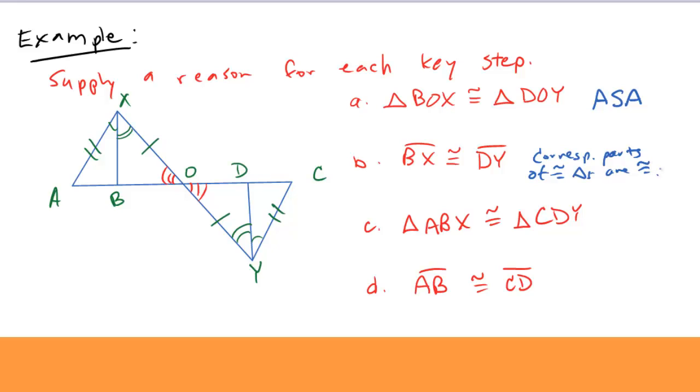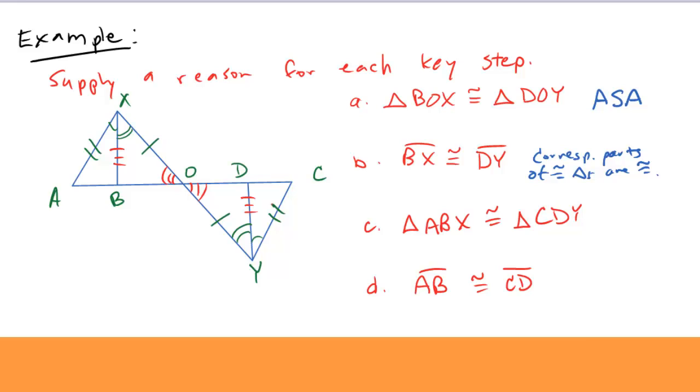The next key step is to show that triangle ABX is congruent to triangle CDY. Well, we just showed that BX is congruent to DY. So how do we know that triangle ABX is congruent to triangle CDY? Looks like we have two pairs of sides congruent and the pair of angles between them.